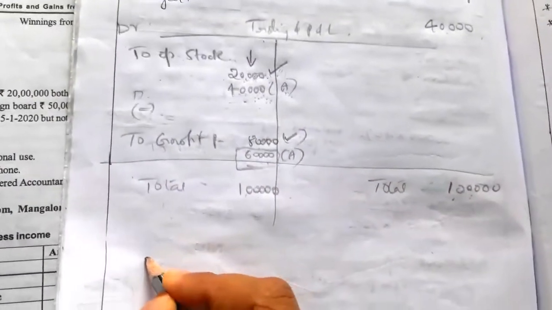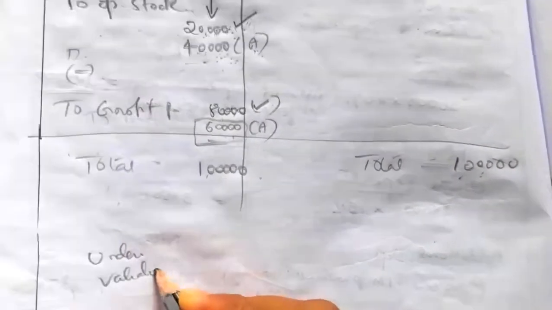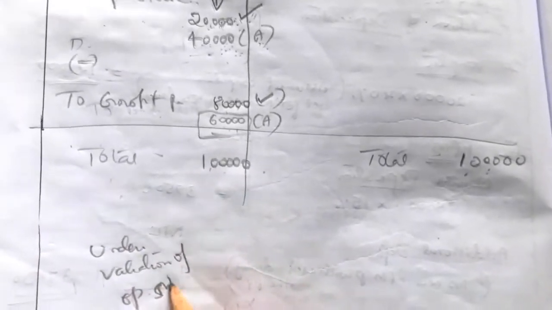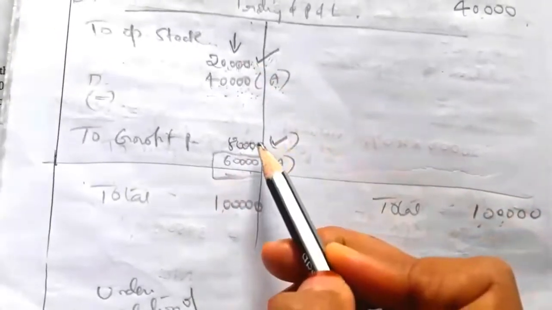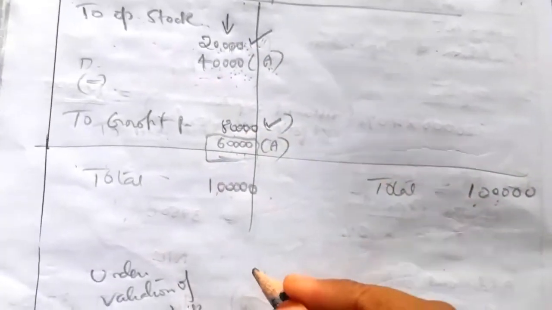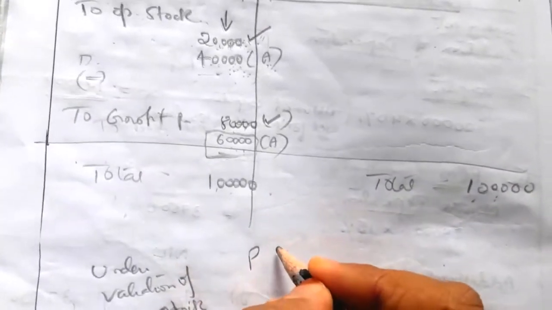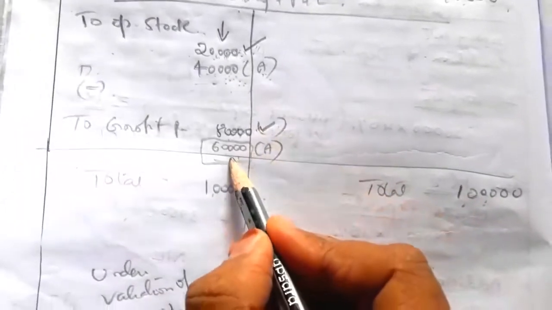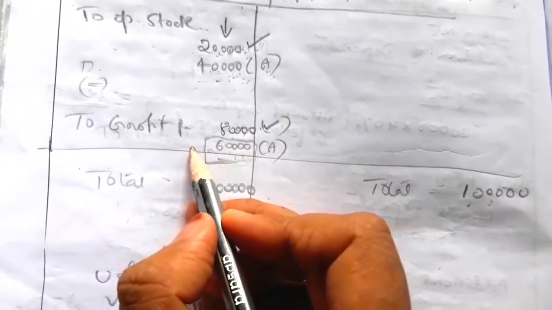So undervaluation of opening stock means what? Because of recording less, our gross profit shows more. When our profit shows more, we want to take the actual profit here.